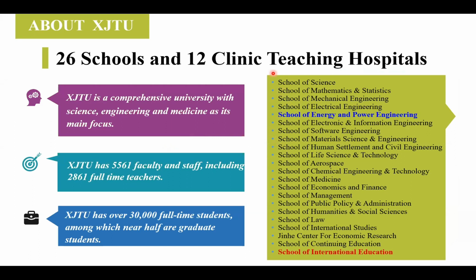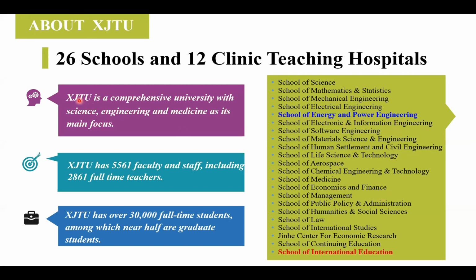In the university, we have 26 schools and about 12 clinical teaching hospitals. Mainly we have engineering, chemistry, mechanics, medicine, and economics. Here is my school, the School of Energy and Power Engineering.